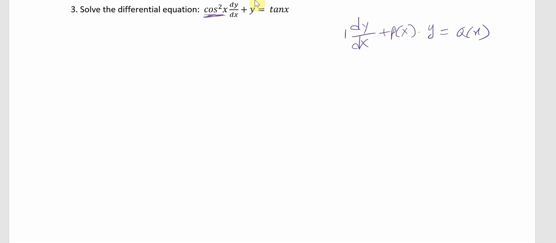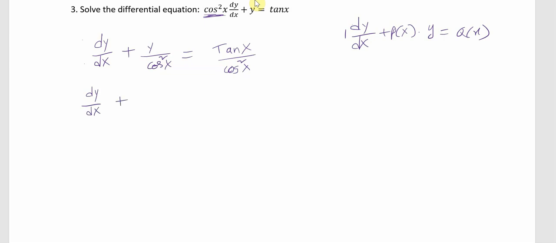So let us divide the whole differential equation throughout with cosine square x. Then the result will be dy by dx, cosine square x and cosine square x same, so cancelled. So y divide cosine square x, and also tan x divide cosine square x. So dy by dx plus y over cosine square x.